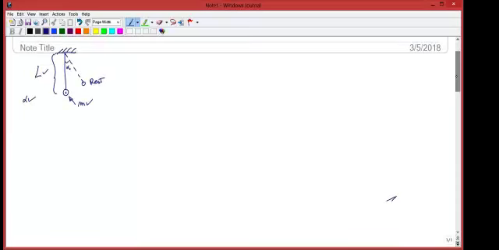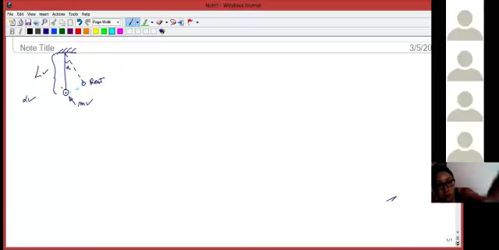Obviously, as we release it, the pendulum is going to oscillate, reach another extremity, and then bounce back and forth. What the question is asking is to figure out the velocity at the lowest position as it swings back and forth.